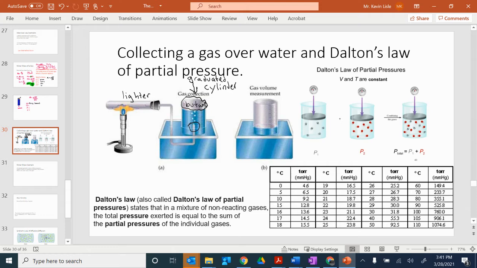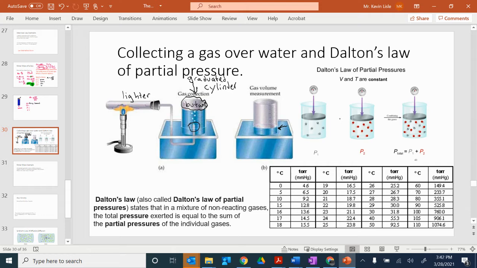Typically in our classes, we're working with a 50 milliliter graduated cylinder, and once we've collected enough gas to get to exactly 50 milliliters, that's where we stop.